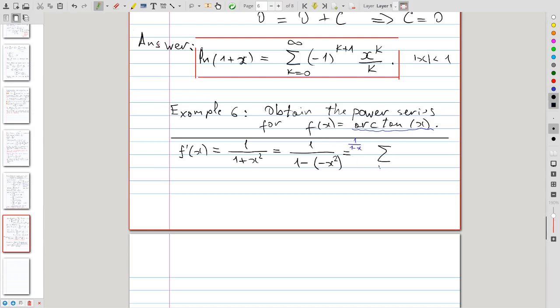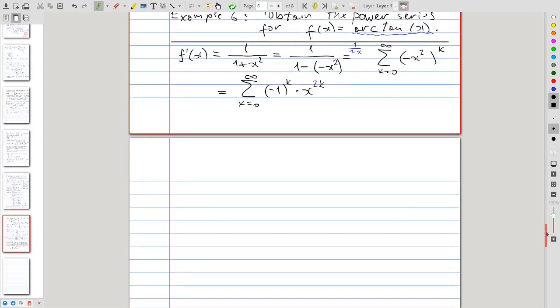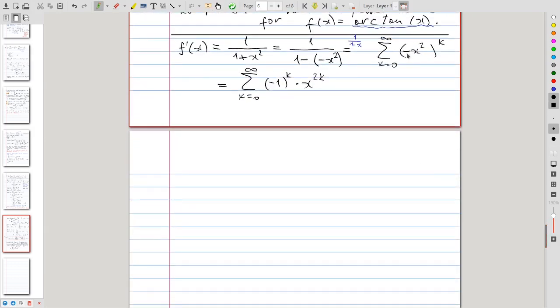So it's just the sum of the geometric series, k from 0 to infinity, x raised to the k, except that now the role of x is fulfilled by minus x squared. And let us now simplify this expression. So this power here becomes minus 1 to the k times x to the 2k, k from 0 to infinity. Great. So this gives us the expression for f prime of x as a power series.